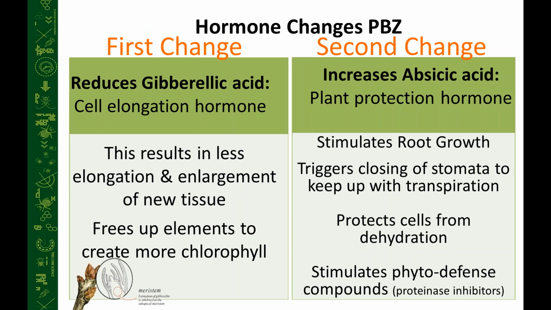Now, I mentioned when we use a type 2 plant growth regulator like Cambistat, what we're doing really is altering how hormones are produced within the tree. Our first hormone change, and this is the one that directly relates to how a plant is growing, is that we are going to block the production of gibberellin, or gibberellic acid.